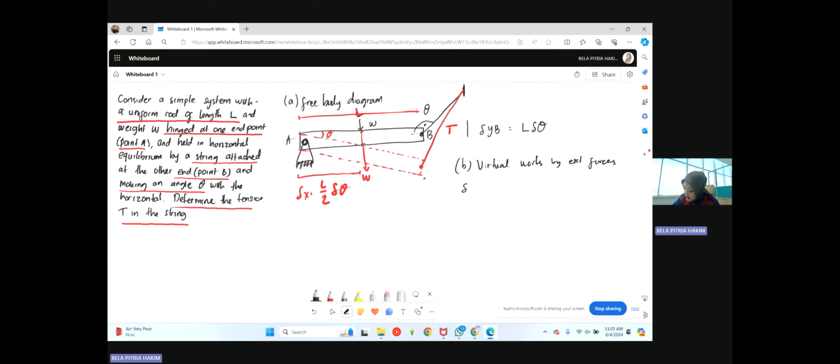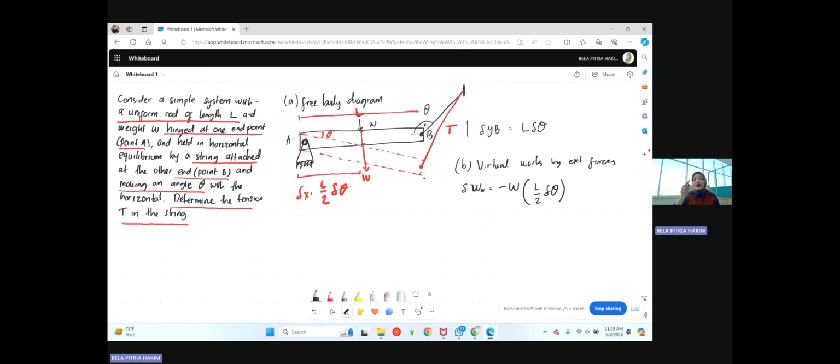The displacement because of the weight is minus W, which means the vector is downward along the y-axis, and the distance is L per 2 with displacement δθ.